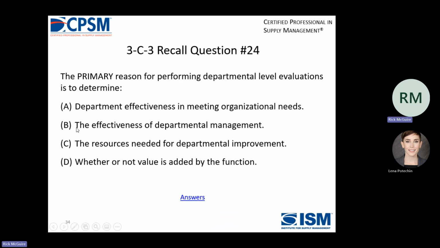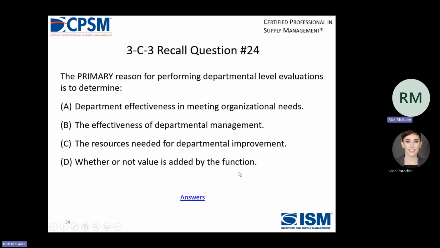The primary reason for performing departmental level evaluations is to determine a department's effectiveness in meeting organizational needs. The effectiveness of departmental management, maybe. The resources needed for departmental improvement. I don't think so.